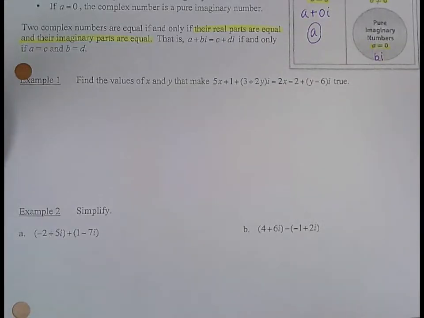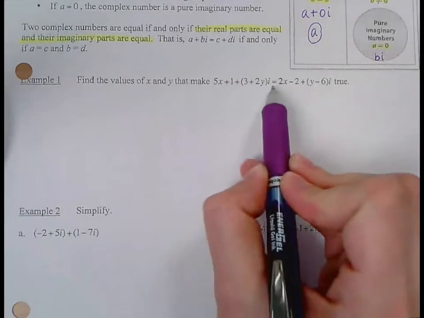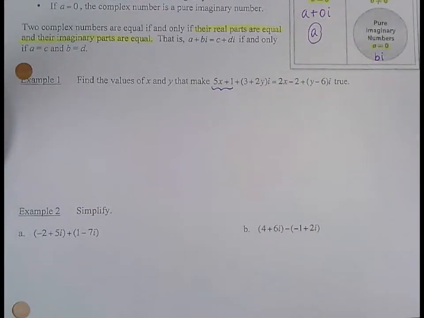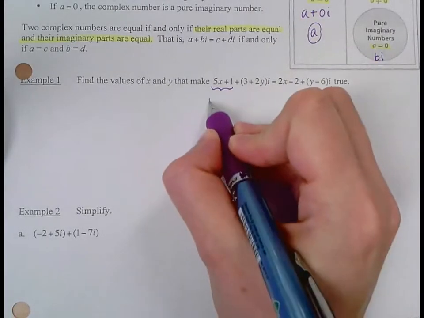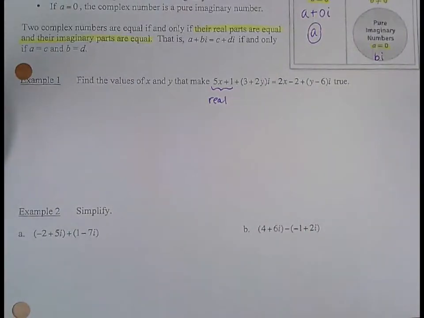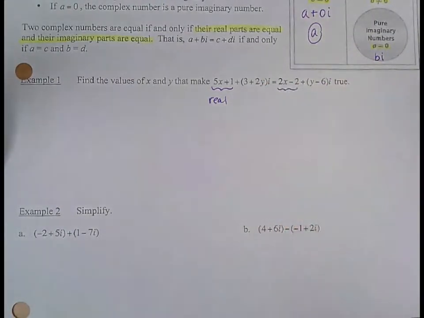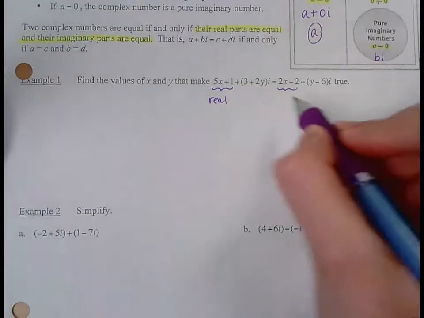And you first want to identify what's the real part of each side and what's the imaginary part. The real part is going to be anything that is not being multiplied by the imaginary unit i. So on the left side, the 5x plus 1 is not being multiplied by i. That is the real part. And on the right side of the equal sign, the 2x minus 2 is not being multiplied by i.